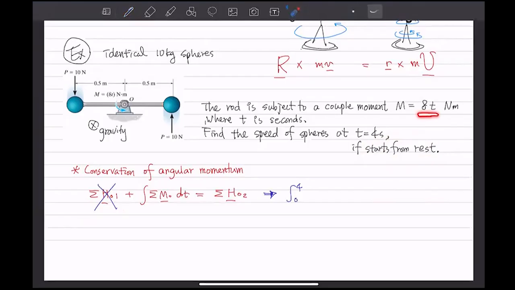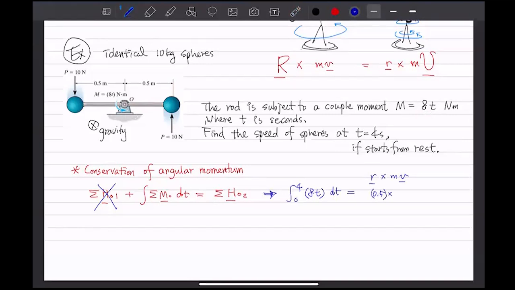The momentum is the moment of force, or torque. I continuously get confused about momentum and moment. So the torque is 8t dt, and that is going to be R cross mv, right? Because these are all perpendicular, we can just do 0.5 times mv.